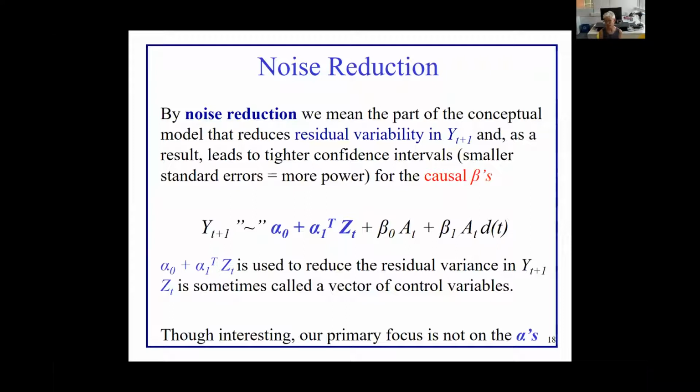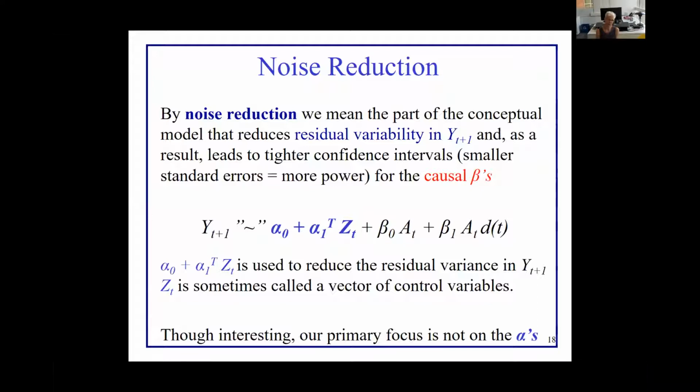In educational settings, if you're looking at a treatment designed to improve reading, you might use the participants' pre-treatment reading ability as the ZT, as the control variable, since the YT plus 1 will be their post-treatment reading ability. Those are the very best control variables. If you can get a pre-treatment measure of the outcome, that's really what you want to do. That really reduces the residual noise. And in fact, we're able to do this here in HeartSteps. You're going to see us do this.